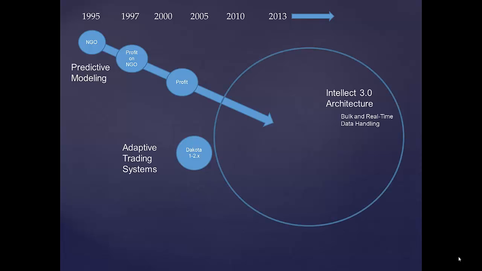And then in the meantime, around 2007, we started on the Intellect 3 architecture, which is a new architecture for us underlying all our products, and it's basically a huge suite of functionality that goes from data access to data virtualization to data pre-processing to modeling and prediction and optimization and decision making and anomaly detection and whatnot.